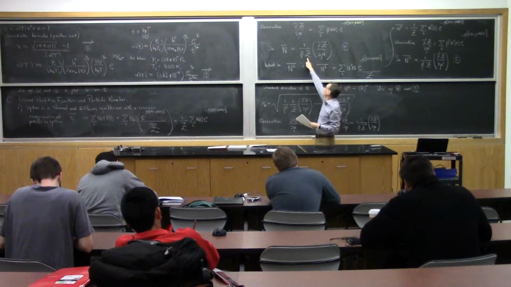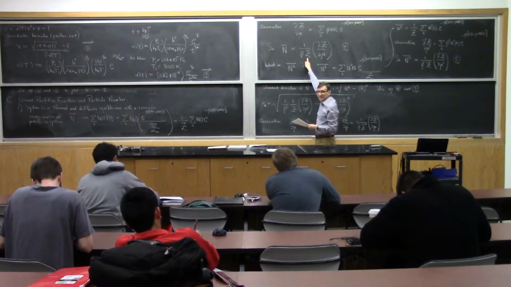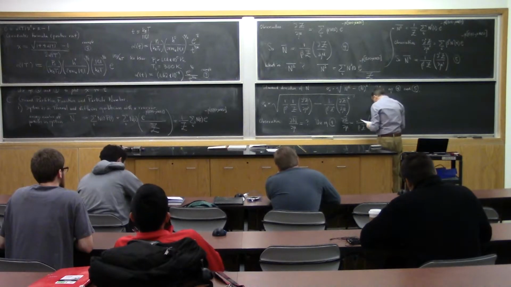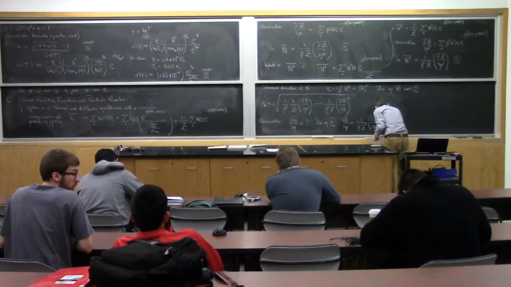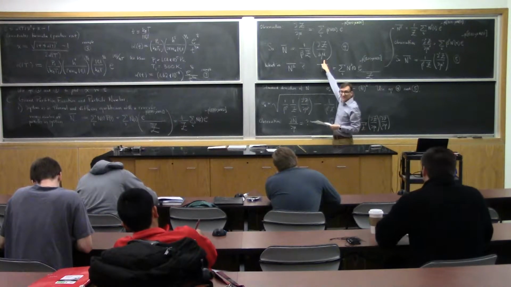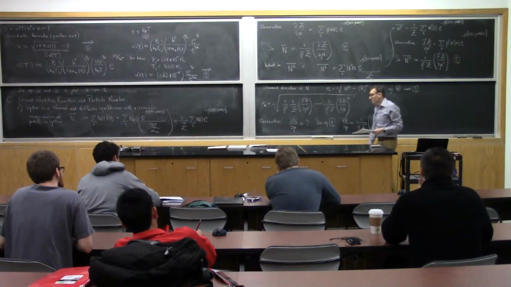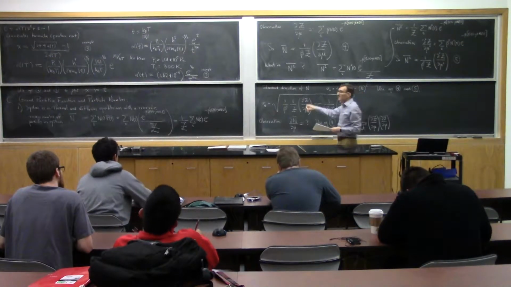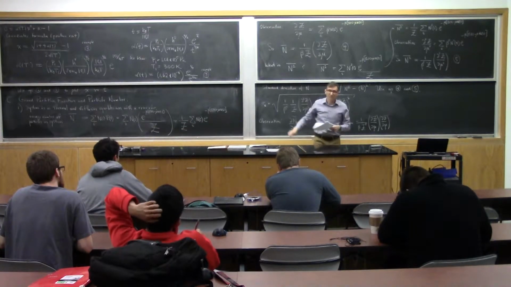That's just from this term right here, differentiating it with respect to mu and the fact that it's in the denominator. And then they're still multiplying that factor, partial of z with respect to mu. So there's the first part of that derivative, which comes from that term.